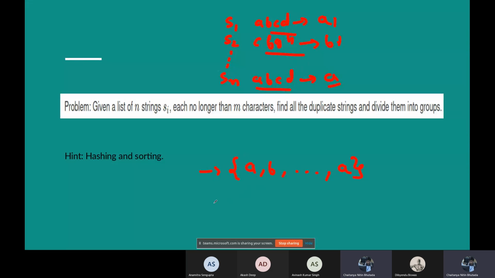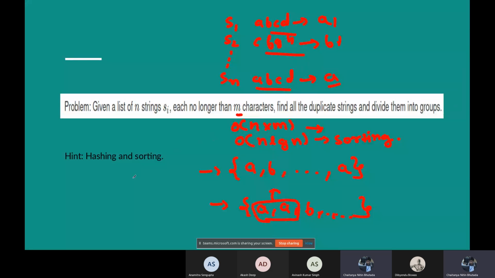We will now sort them, so the same strings will be grouped together. The complexity will be O of n log n for sorting, and for hashing, O of n cross m, as the strings are not longer than m characters.